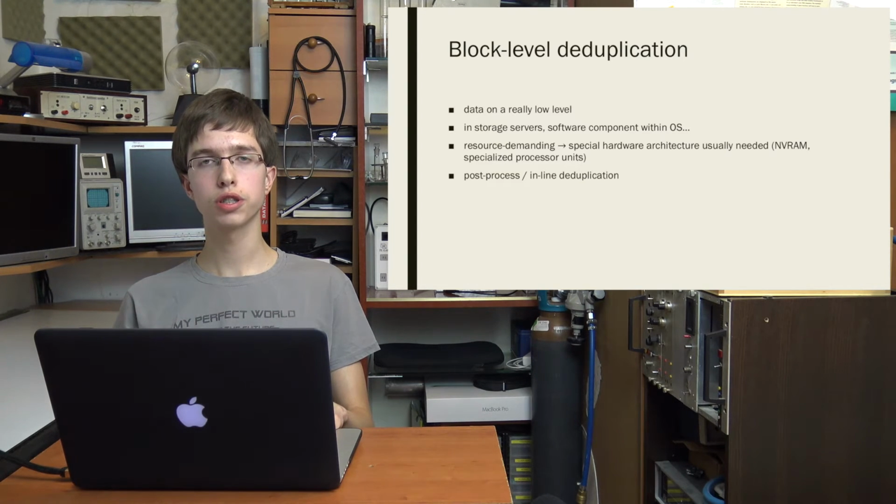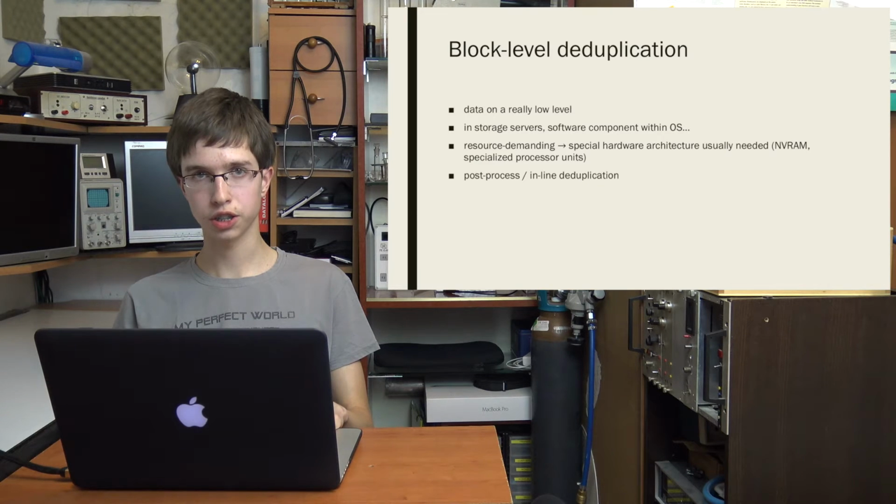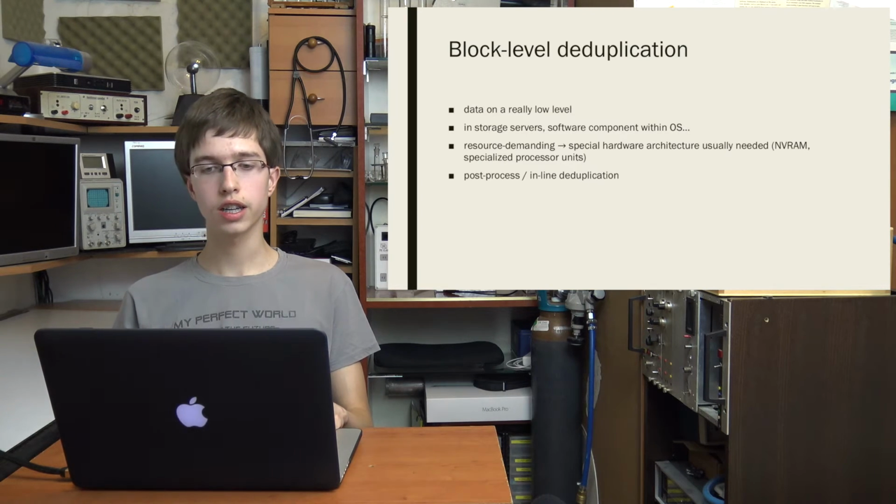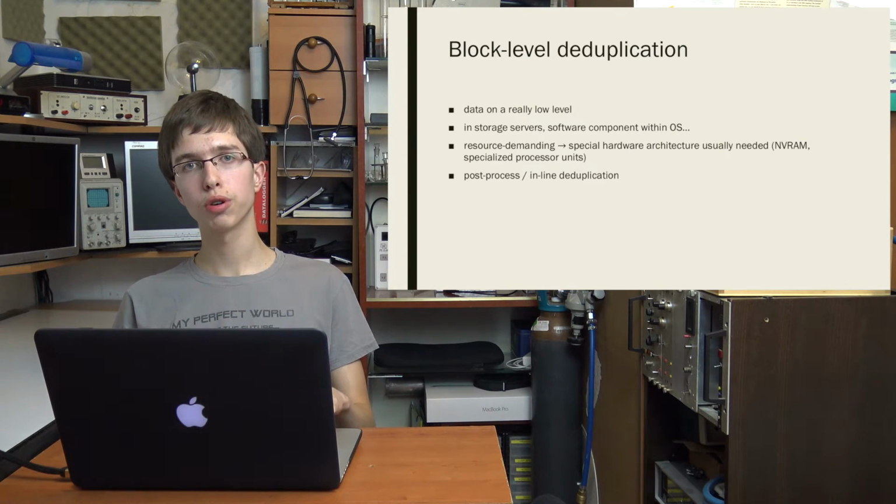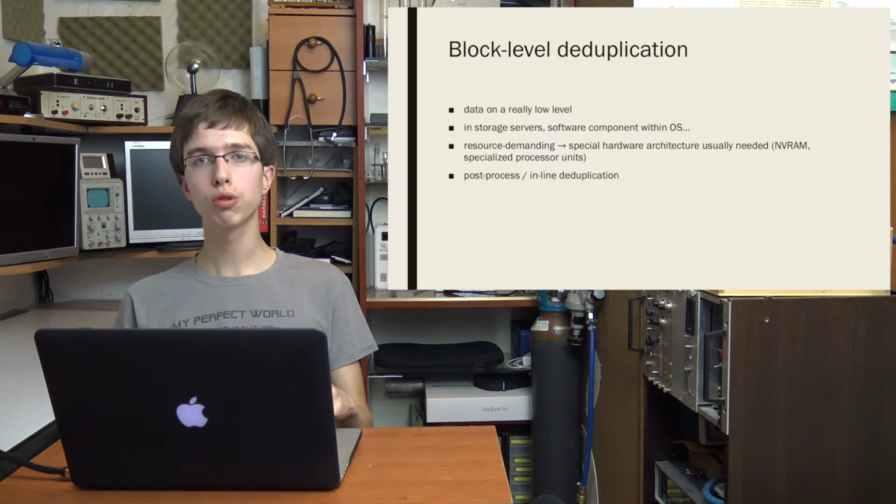It is very resource demanding, so it requires some specialized hardware architecture, not always but usually, such as NVRAM and specialized processor units for data processing. It can occur as post-process or inline deduplication. Due to big use of resources, only a smaller number of storage server vendors offer inline deduplication, while most of them offer post-process deduplication.